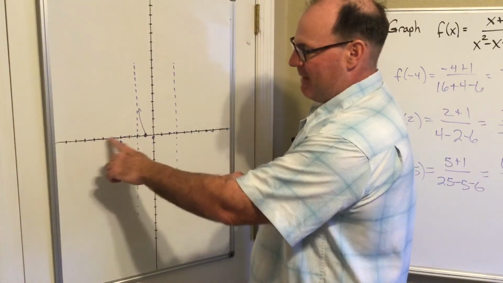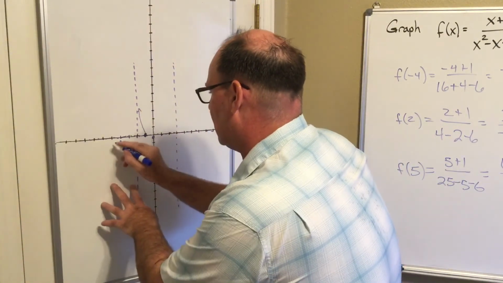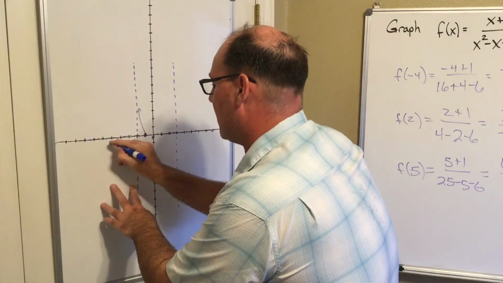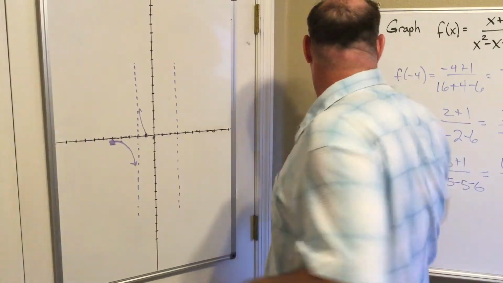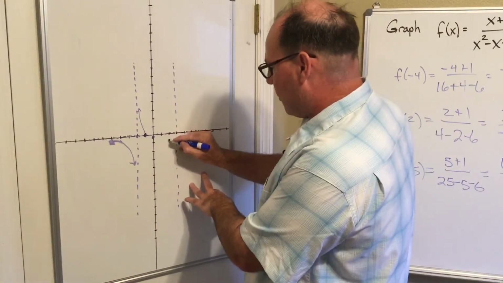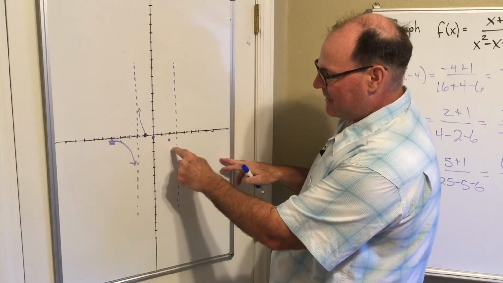Well, again, my asymptotes define the behavior of the graph, so my graph is going to look like this. If you would be more comfortable plugging in a few other points, then go for it. When I plugged in 2, I got the value negative 3/4. So we can see there is a very slight decreasing right here.